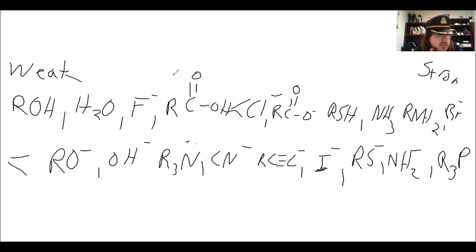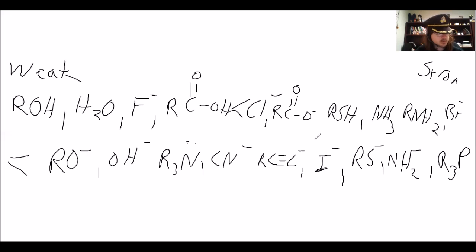They're still electronegative, they're still charged, but they're willing to share them in a bond rather than bogart them to themselves. So the smaller, less polarizable, more highly charged ones are weaker. The larger, highly charged ones are strong.